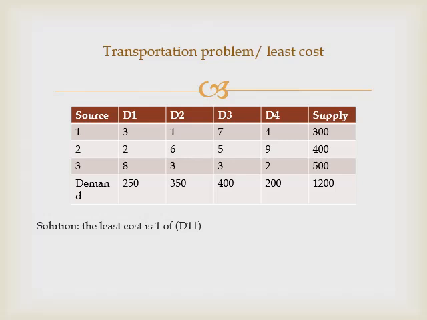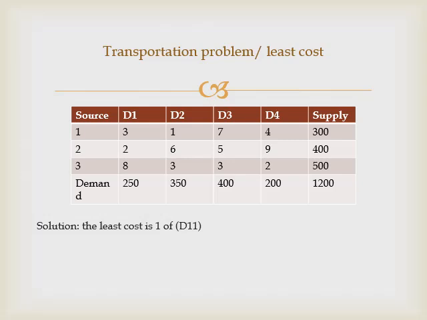The main tool in this process, the main starting point, is the least cost. So we will start our solution with the cell of the intersection point between D2 and source 1.